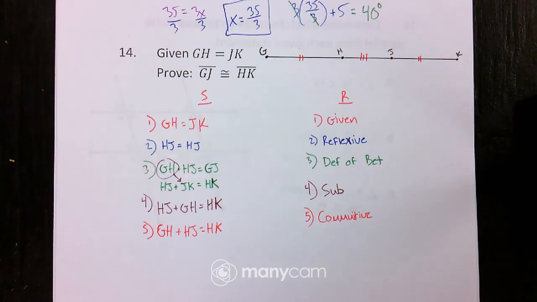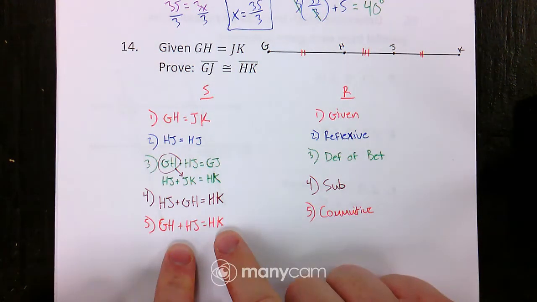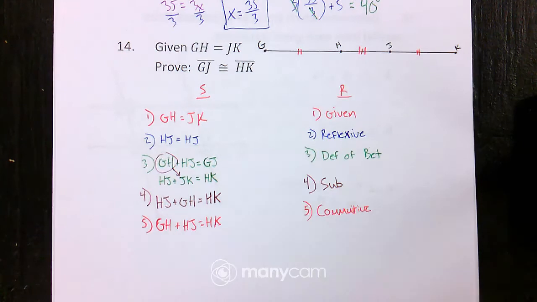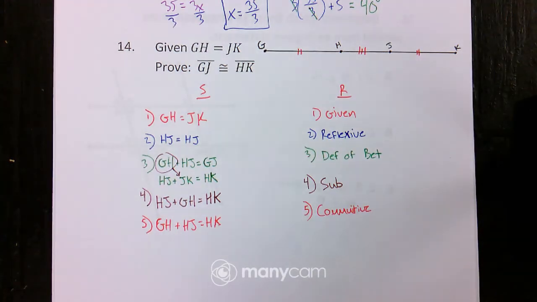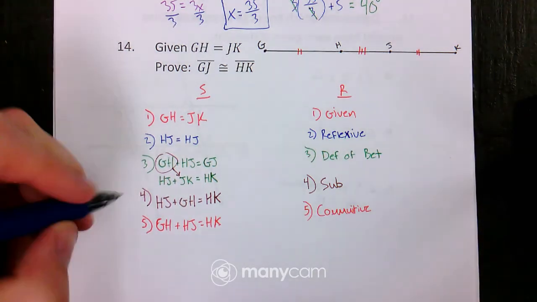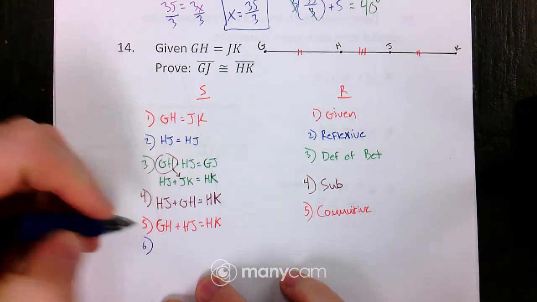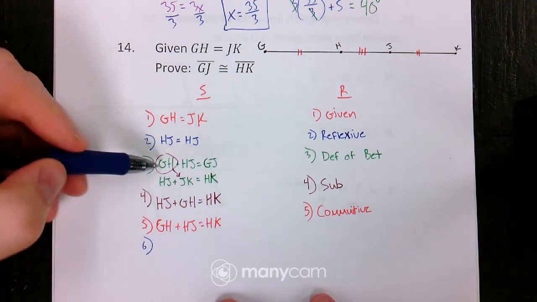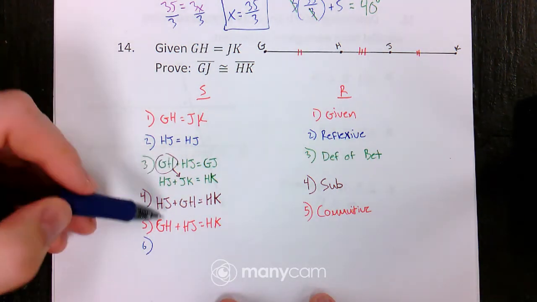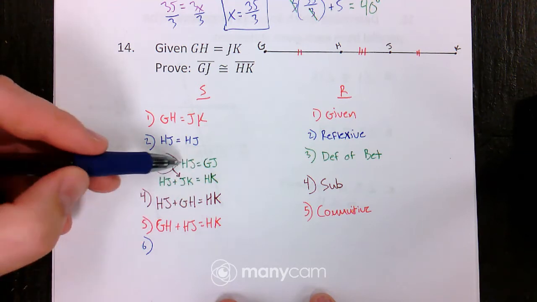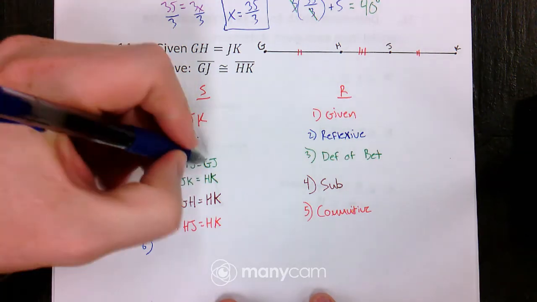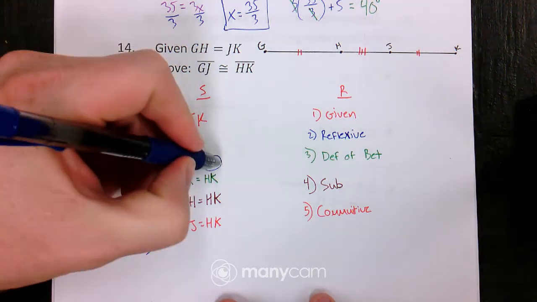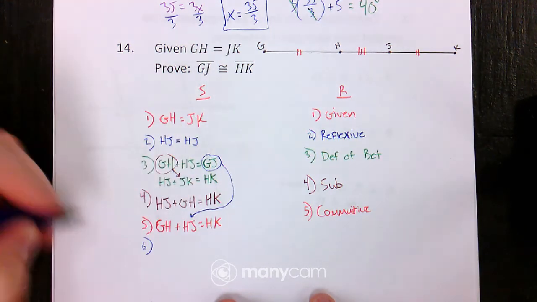Okay? Alright, now I have this equals this, and I have this equals this. I just have to do one more substitution. Look, I have GH plus HJ equals HK, and GH plus HJ equals GJ. So I'm going to take this, substitute it in right there.